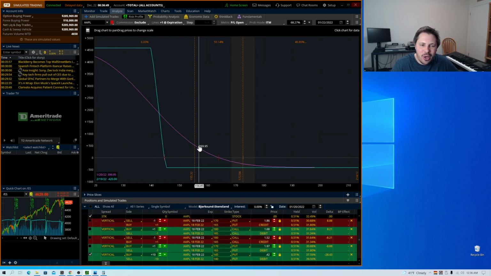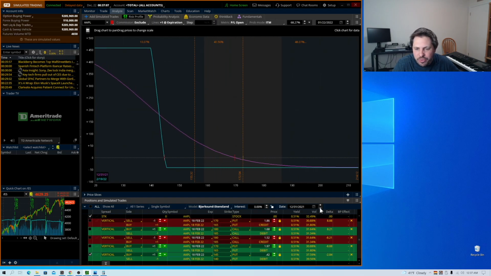On this trade, on a one lot, we're risking $42 to make potentially $458. But of course, Apple would have to make a huge move to get to where we would make money. Obviously, if it made a quick move down, based on the time value, this could be making money.